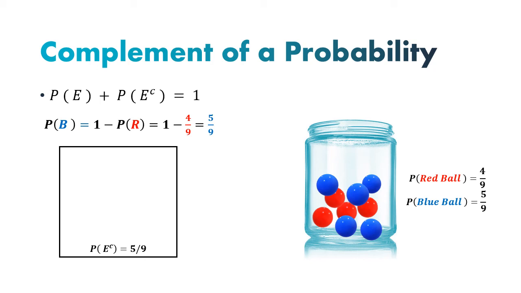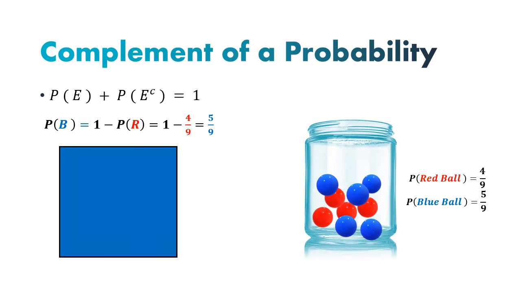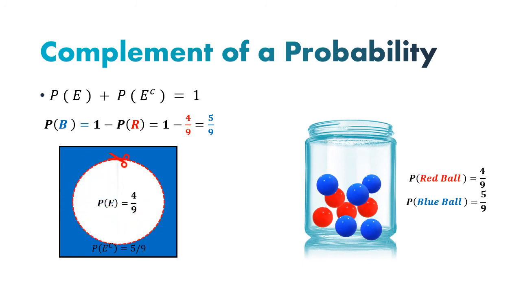So the probability of getting a blue ball when one ball is selected at random is 5 over 9, which is the same as 1 minus the probability of getting a red ball, which is 4 over 9.